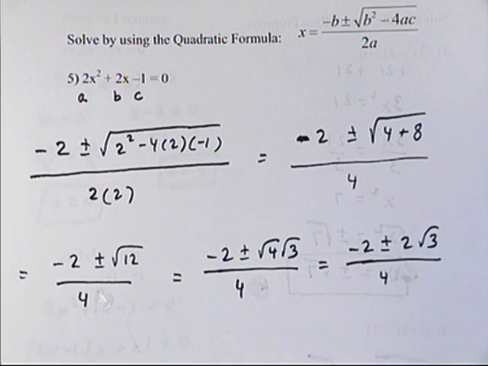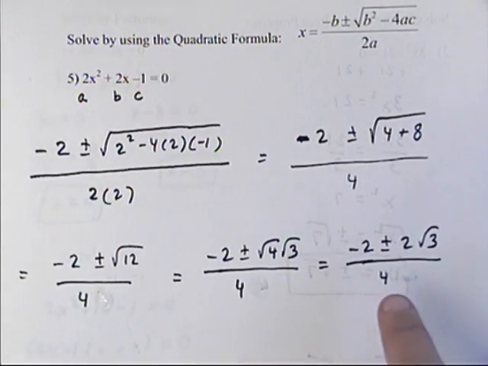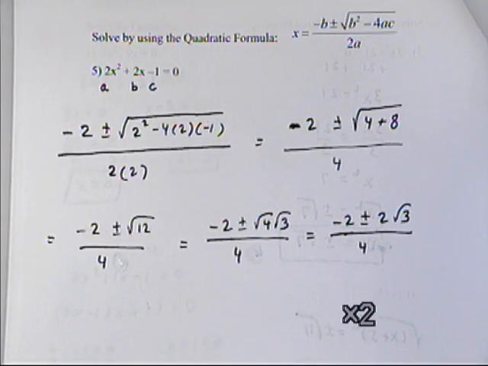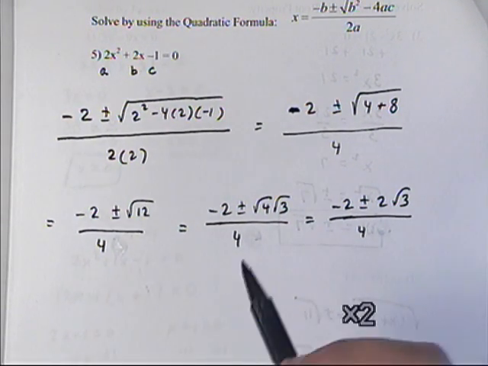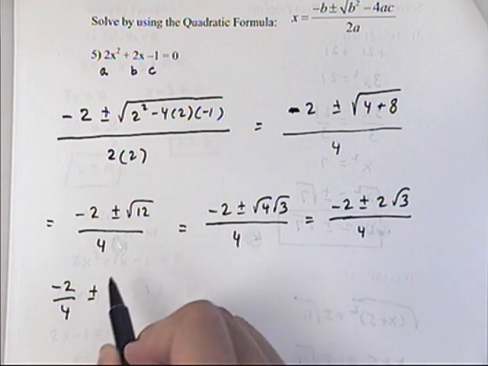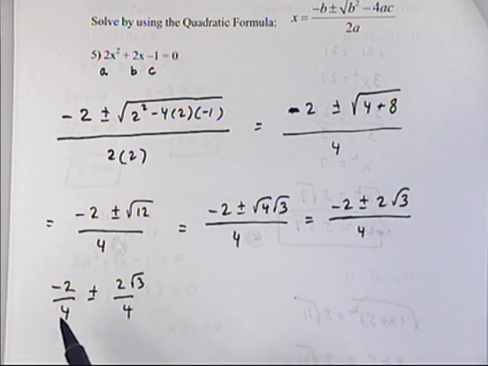Alright. So now, here's the most important part. What you want to do is rewrite this fraction as 2 parts. Okay? So, if I have negative 2/4 plus or minus 2 root 3 over 4, that's the same thing as this, believe it or not.